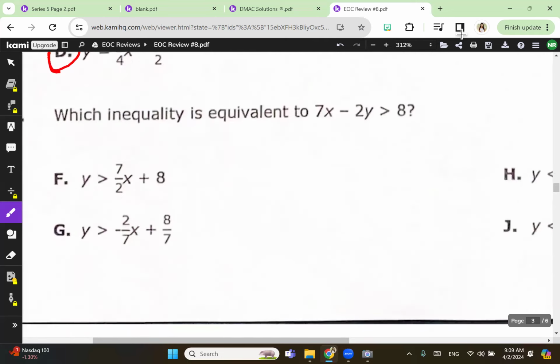Number 14, there's a couple things you have to be very careful about because of the inequality. Remember, if you divide by a negative, what do you do? Flip the sign, okay? So let's go ahead and solve it. You solve it the same way as you do any other equation, but if you divide by a negative number at the very end, you have to flip the inequality. So first thing we got to do is subtract 7x.